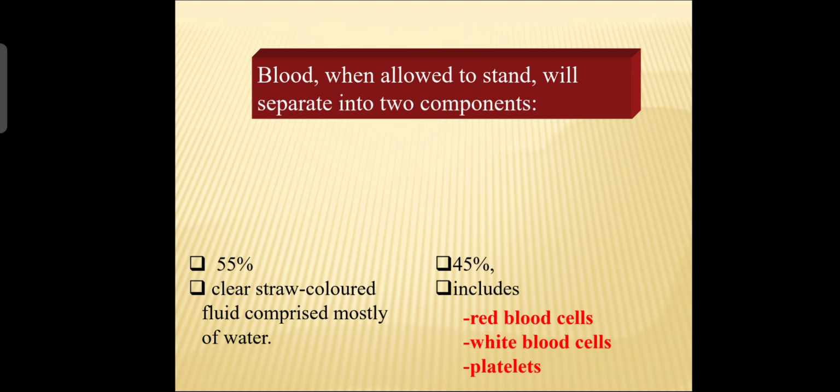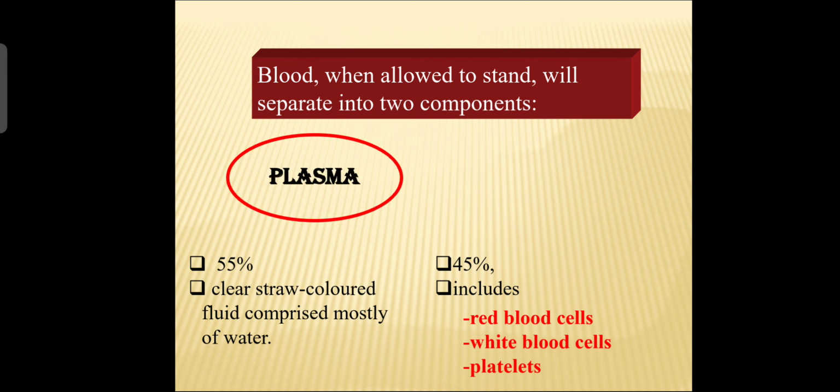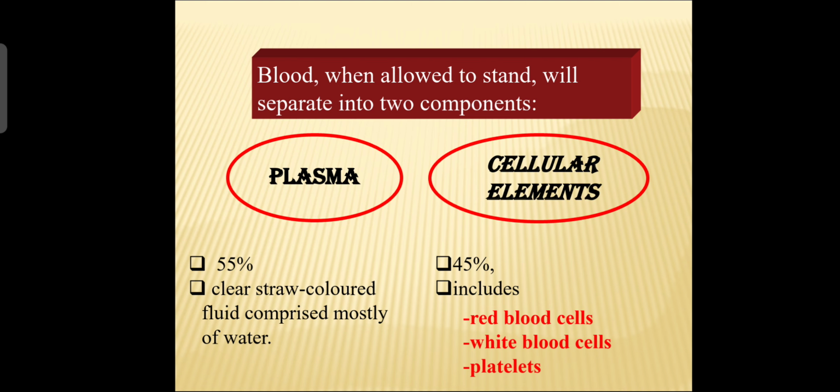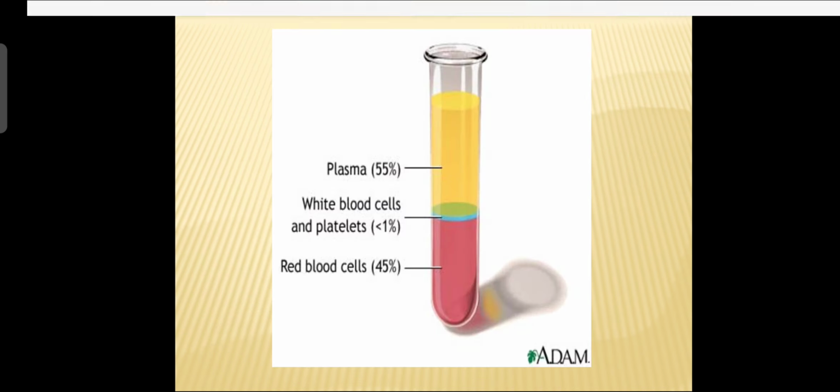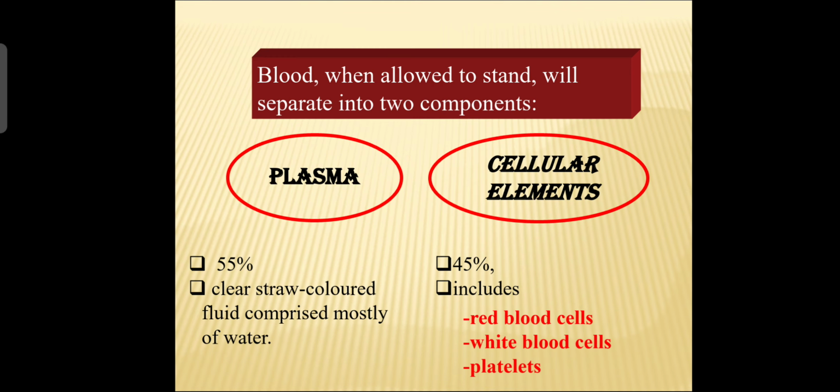What are the components of the blood? So when we allow the blood to stand, it will separate into two components. First is the plasma, that is the fluid portion, and second is the cellular elements, that is mainly cells. Plasma is 55%.